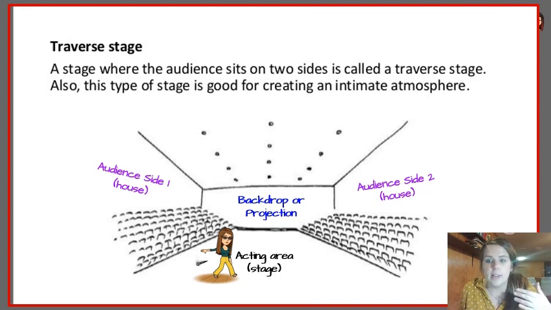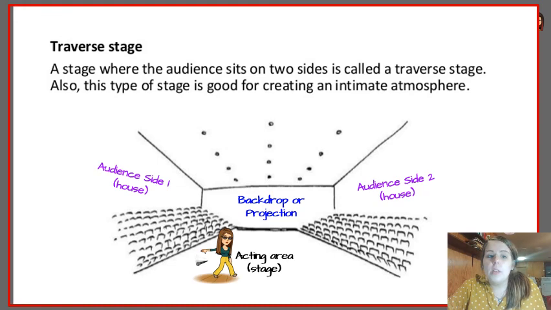The acting area on a football field is obviously the field, and then the backdrop or projection, you could say, would be the Jumbotron, the scoreboard. So it's a stage where the audience sits on two sides, and they say it's good for creating an intimate atmosphere. Personally, I think the thrust stage is, but that's just generally what the idea is behind it.